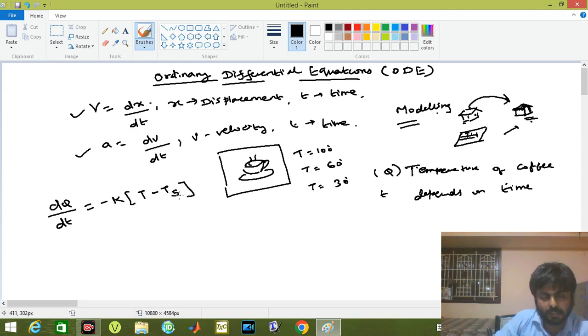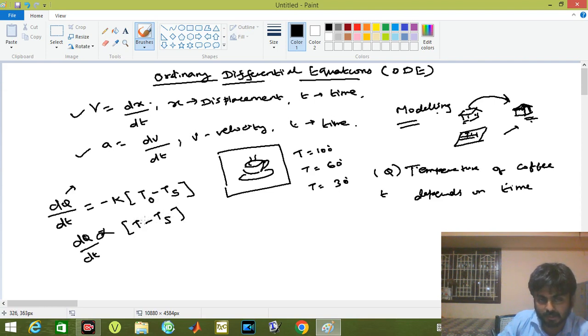According to Newton, the rate of loss in temperature of the body, that is the coffee, is proportional to the difference in temperature of the object and the surrounding. You can write it as T0 minus Ts.